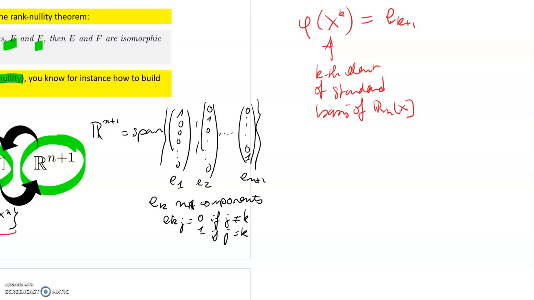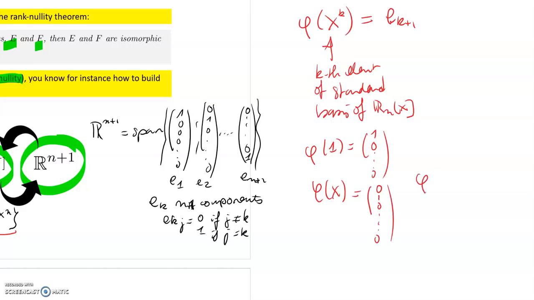So phi of 1 would be equal to 1, 0, 0, 0. Phi of x would give you 0, 1, 0, etc. And phi of x to the n would be the last one, the vector with n plus 1 components with zeros except on the last item, which is a 1.